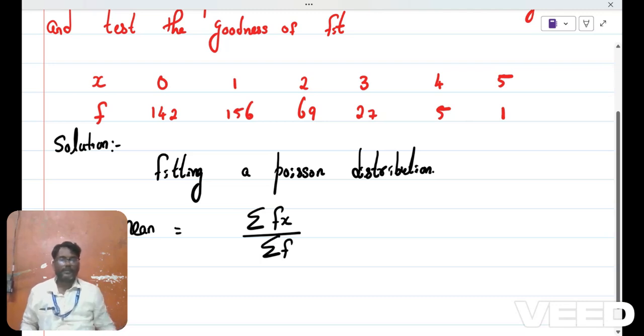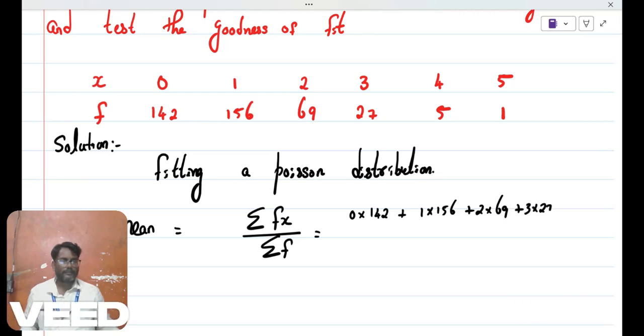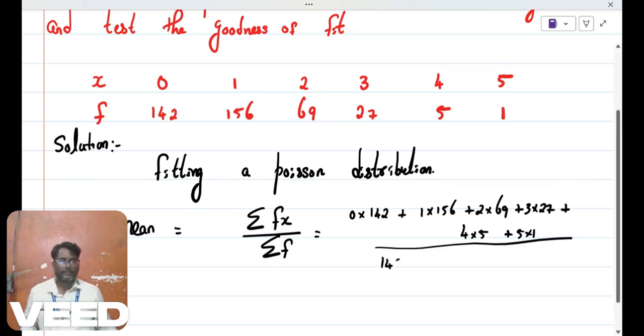So this is equal to 0 into 142 plus 1 into 156 plus 2 into 69 plus 3 into 27 plus 4 into 5 plus 5 into 1, all divided by the sum of the frequencies, that is 142 plus 156 plus 69 plus 27 plus 5 plus 1.